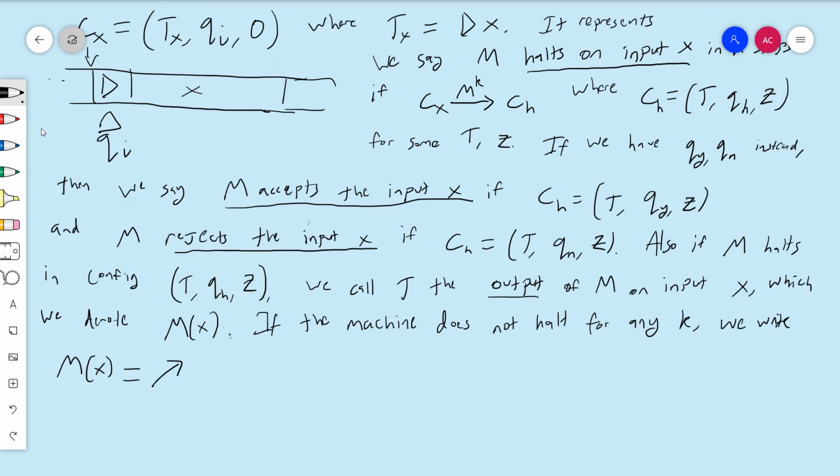So I can always say M of x equals something. If it halts, it equals whatever the tape configuration was at the time it halted. And if it doesn't halt, it equals this arrow to indicate that it does not halt. It's just notation.